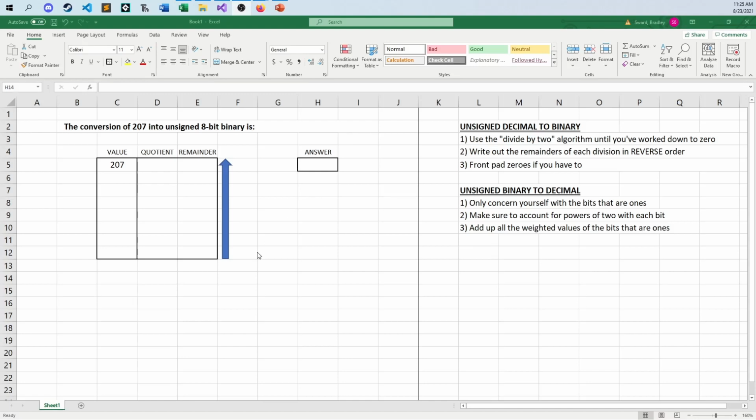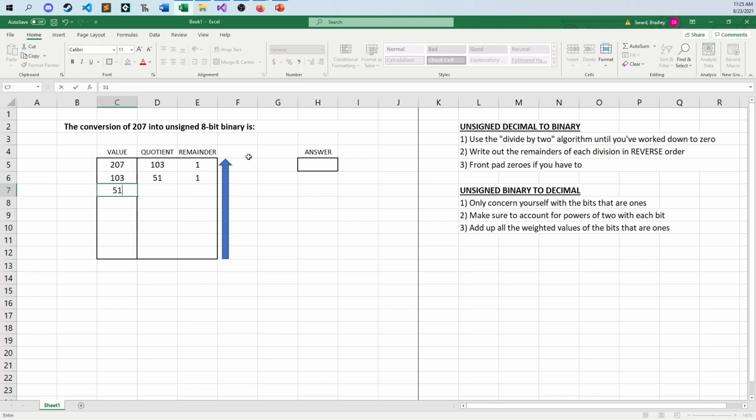So the second part of this is now to convert the number 207 into unsigned 8-bit binary, but it's the same exact algorithm. So this is just going to test my math skills. As I get older, they get a little rusty here. So 207 divided by 2 is 103 remainder 1. Okay, and then I take that and I bring this down. Now 103 is 51 remainder 1.